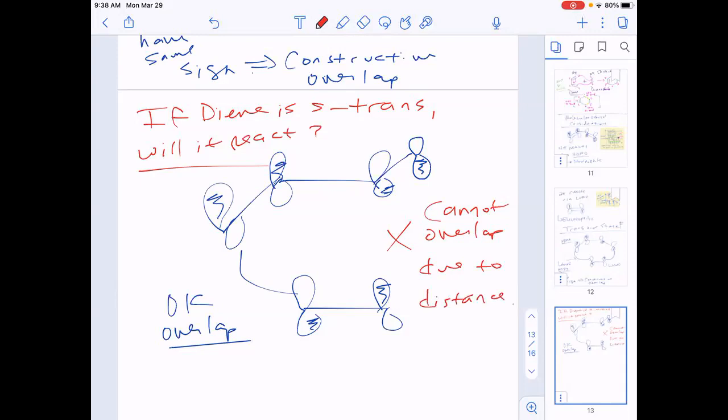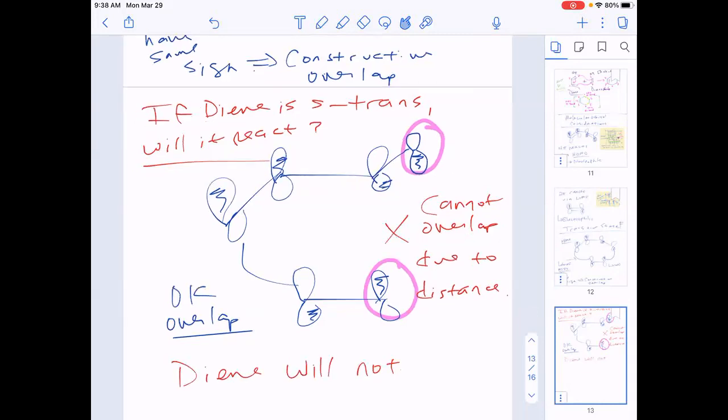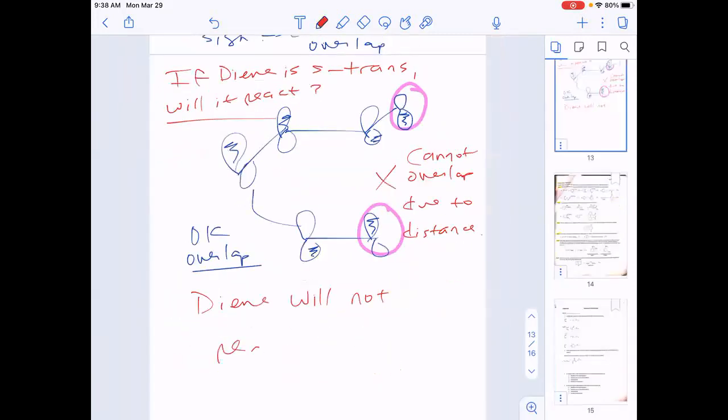So you can't overlap. So this will not react. It won't react in the S-trans. Thank you. That's a great answer. It's too far away, so it won't react if it's in the S-trans.